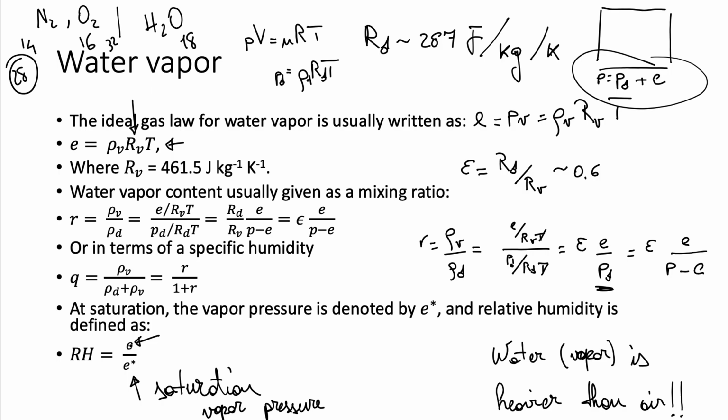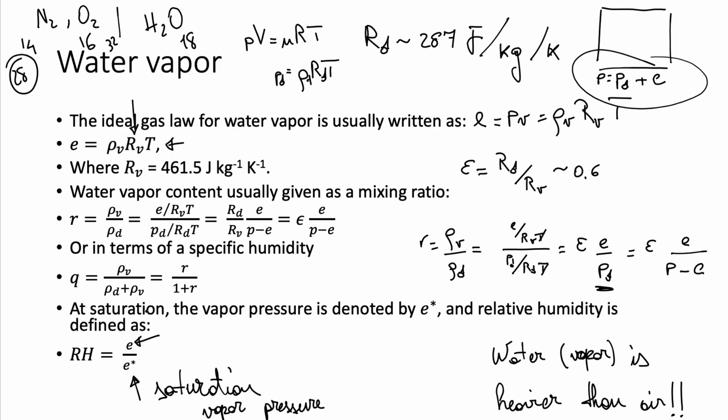But for now, a measure of how much you can dissolve at a given pressure and temperature is given by the so-called relative humidity, which is defined in this way. It's a common misconception that relative humidity is defined in terms of the amount of the gas, in terms of mixing ratios, for example. But that's not true.